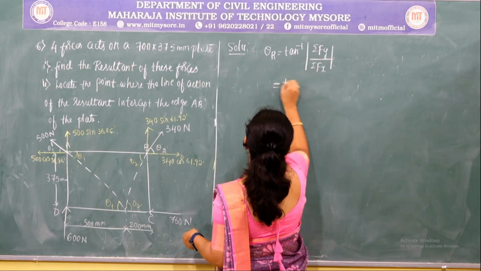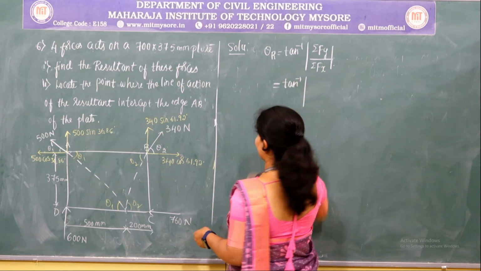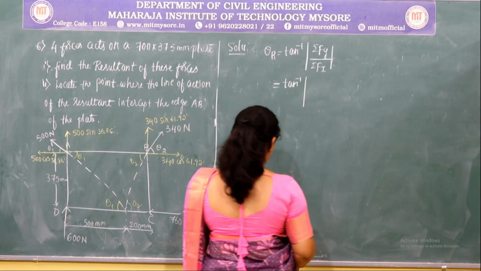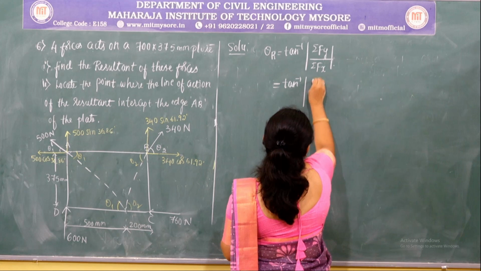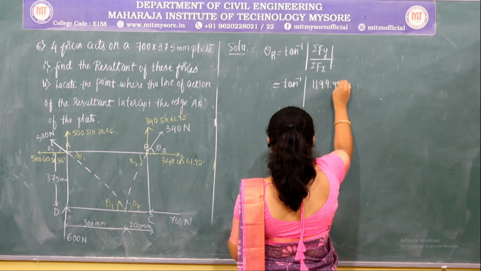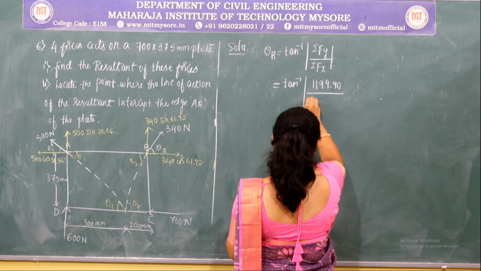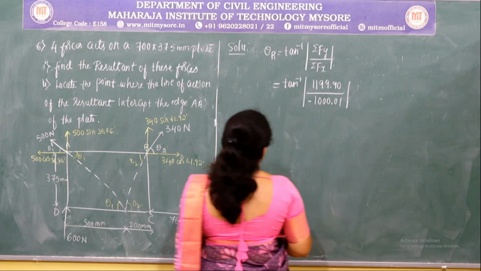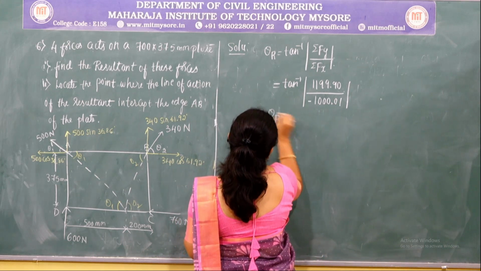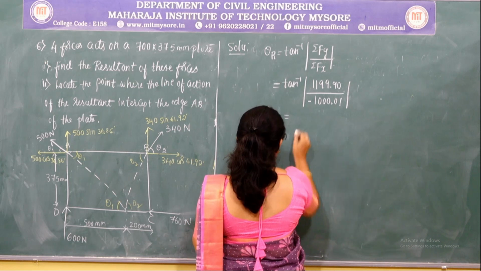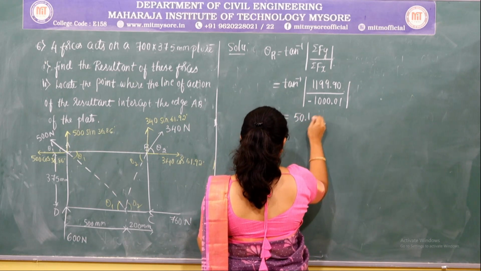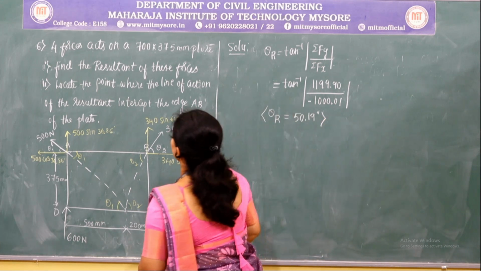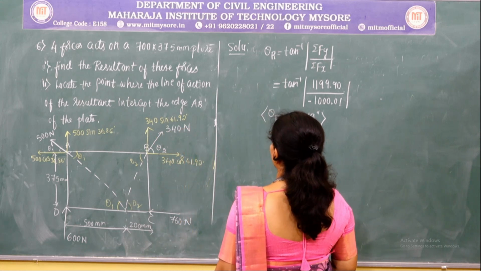We got the value of Fy as 1199.90 and Fx as 1000.01. On solving this we get the direction of the resultant, which gives a value of 50.19 degree.